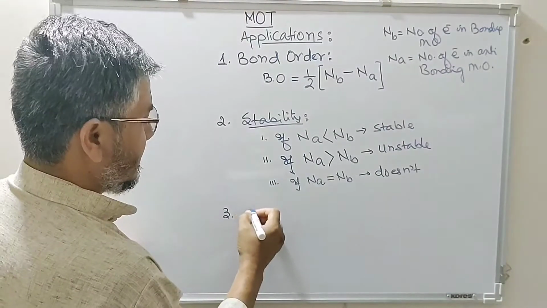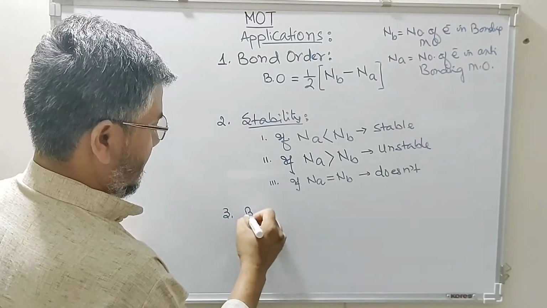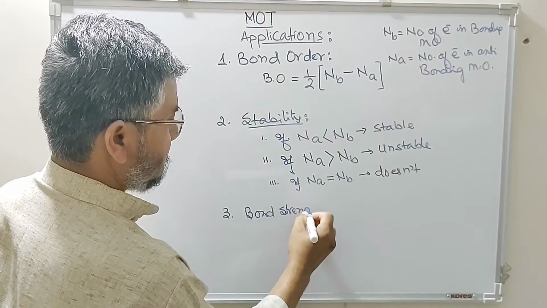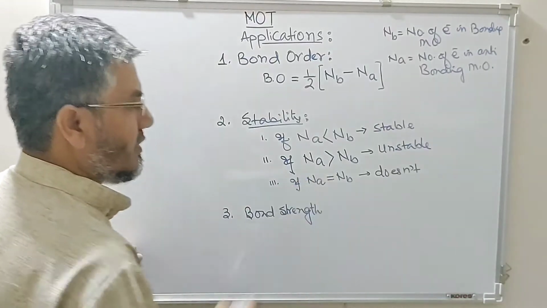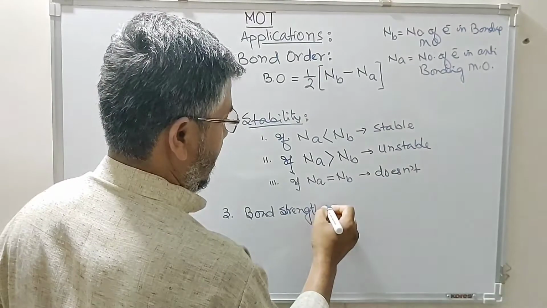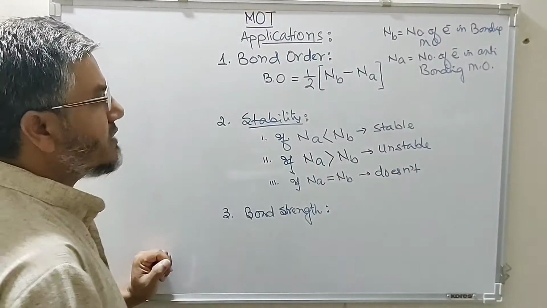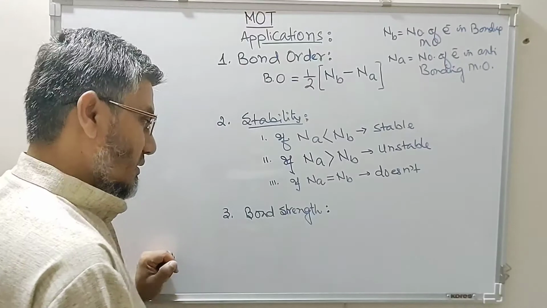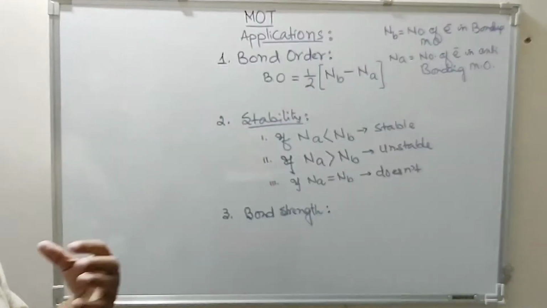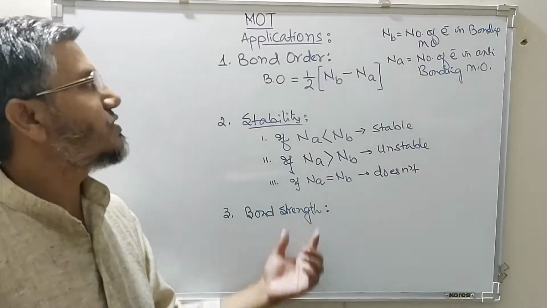Bond strength. So now look at this. The strength of the chemical bond formed between the combining atoms depends on the bond order.